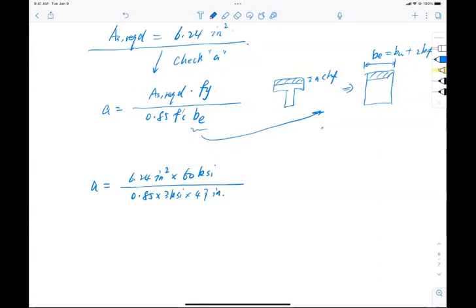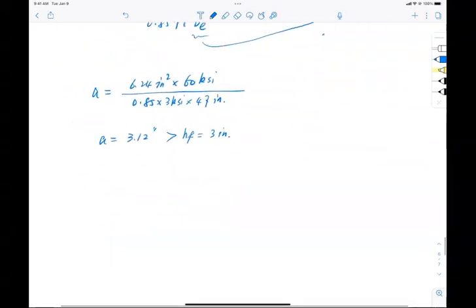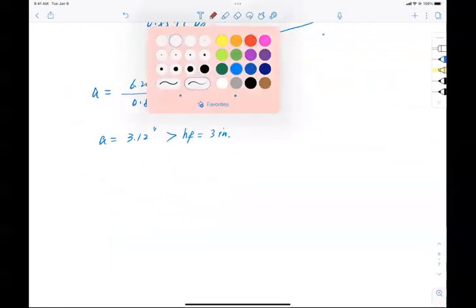Okay, so now with this, I say A, let's save you the time again, 3.12 inch, and that is unfortunately bigger than HF, equal to 3 inch. Bigger than that, all right? What does it mean? It means that it is not scenario number one, right?